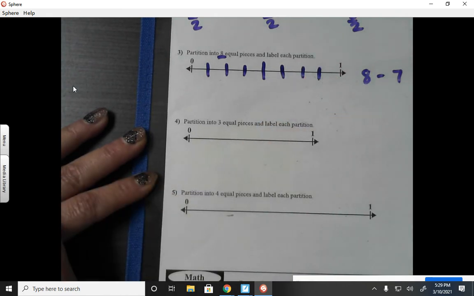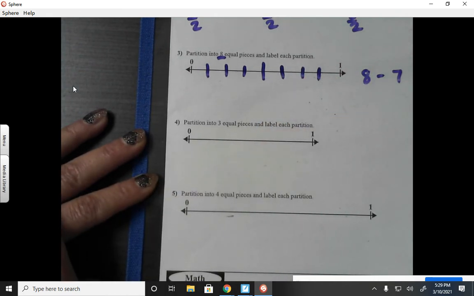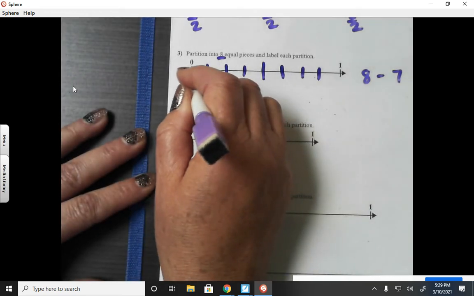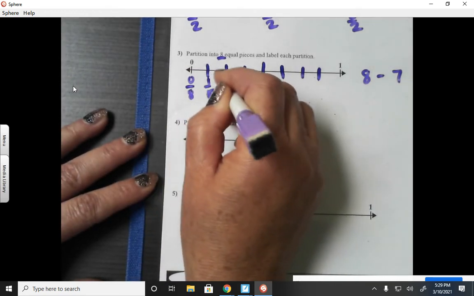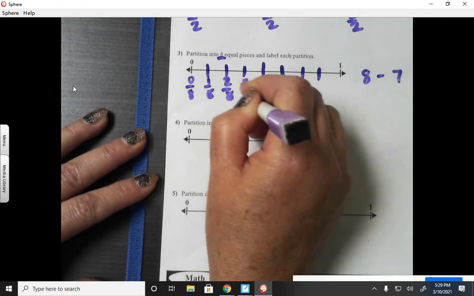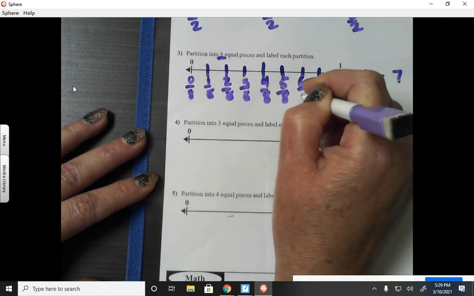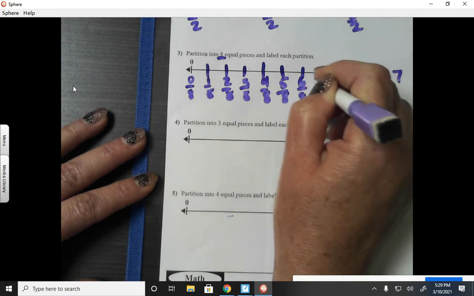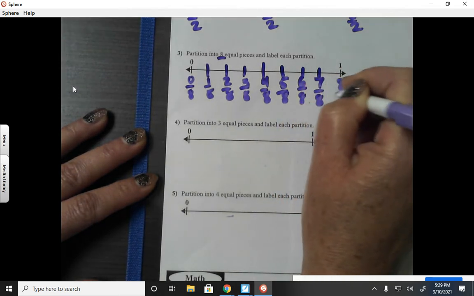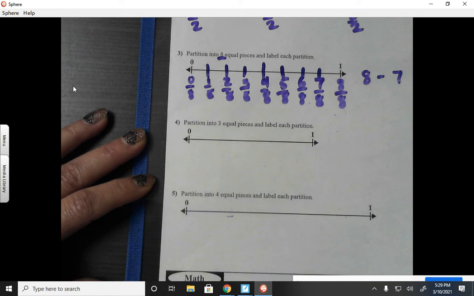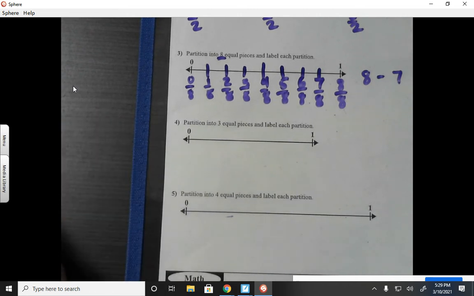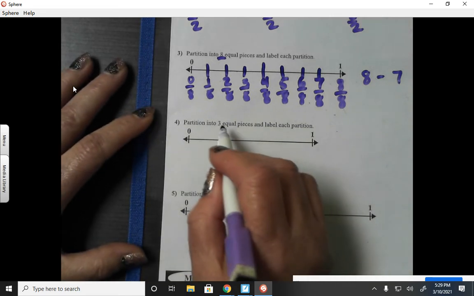And that will be our 7 lines. And we're going to count by eighths. Y'all ready? What's our denominator going to be on all of these? That's right, 8. And then we're going to count across the top. 0 eighths, 1 eighth, 2 eighths, 3 eighths, 4 eighths, 5 eighths, 6 eighths, and 7 eighths.